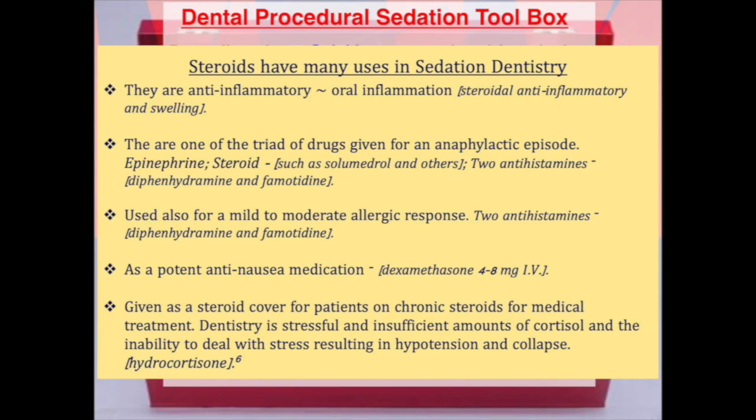The anti-nausea part is going to be your Decadron. It works great for that. And you can use that in conjunction with a drug like Zofran or ondansetron. We're going to talk about some other medications that we've got for the patient that should be in your drug toolbox to be able to help treat some aspects such as low oxygen, hypoglycemia, and such.